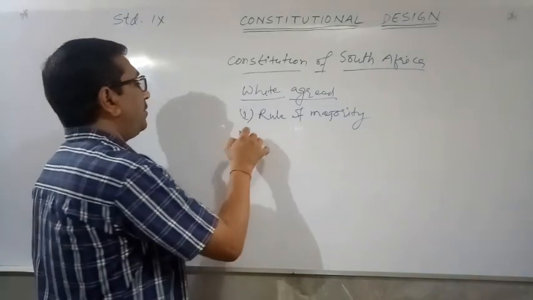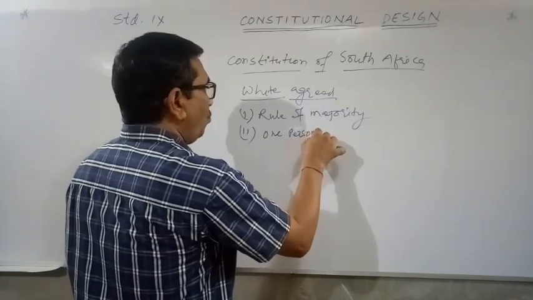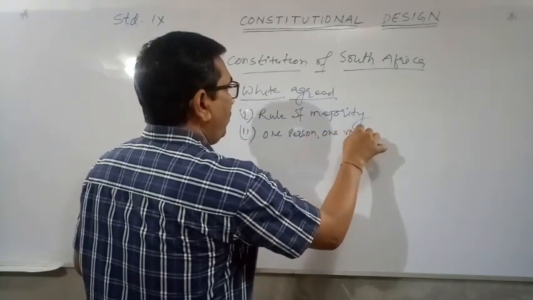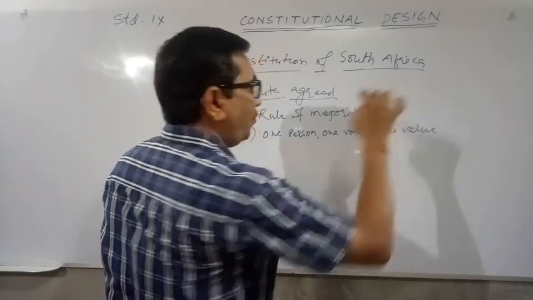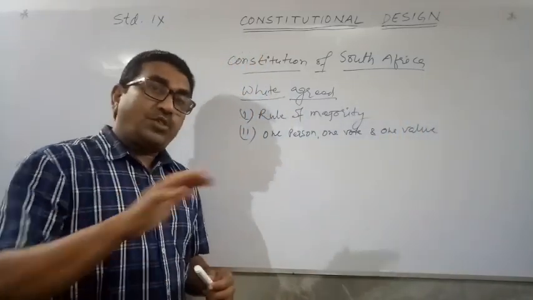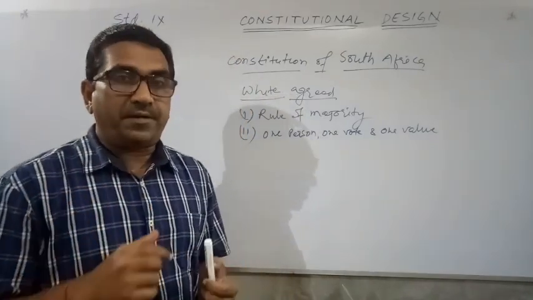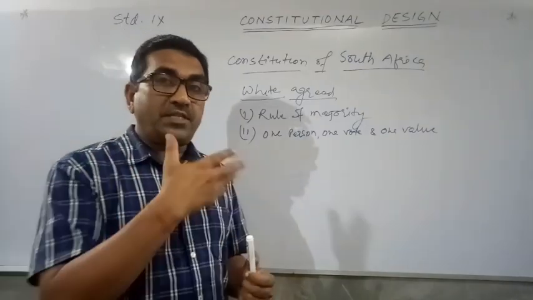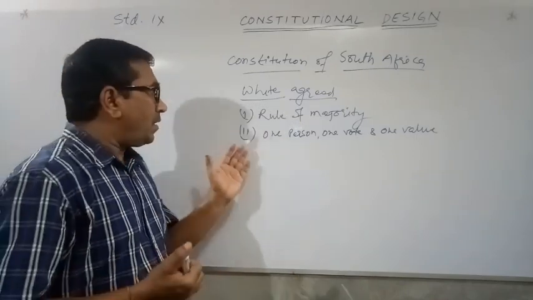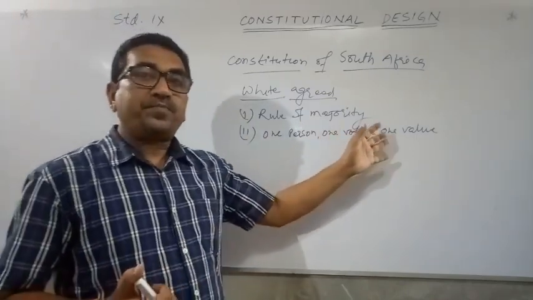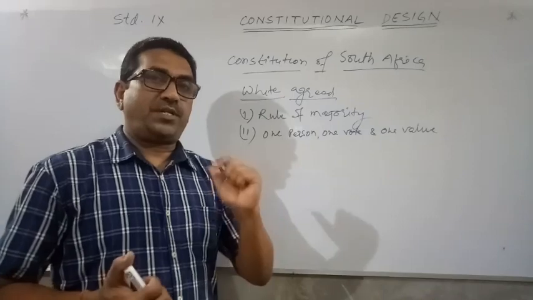Second, they also accepted one person, one vote and one value, because we have read many constitutions where voting rights were not equally divided. We took the example of Fiji that we have already read, and Estonia. One person, one vote, one value is one of the characteristic features of democracy. So the whites agreed on it.